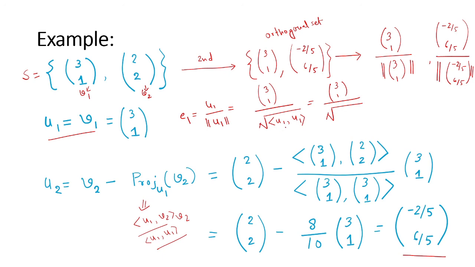So this is 3 into 3 plus 1 into 1. We multiply this with this and this with this. That is 1 over root 10 times (3, 1). One can do the same thing for the other vector also.